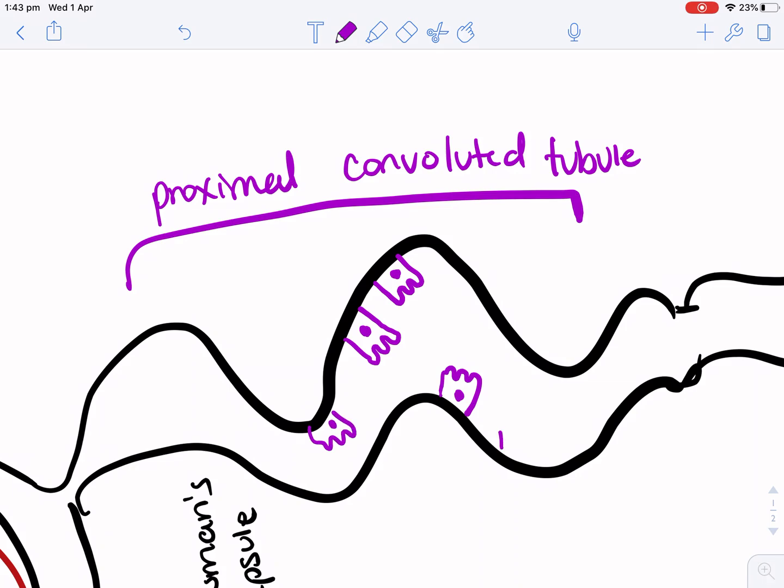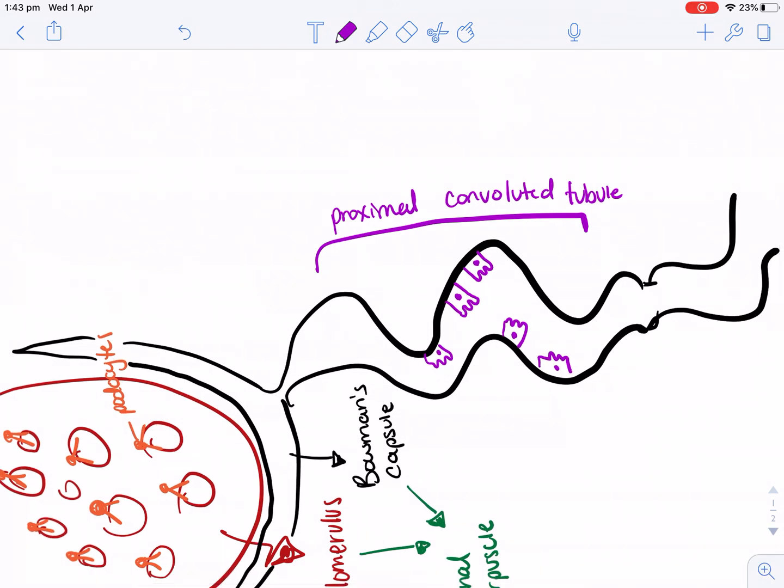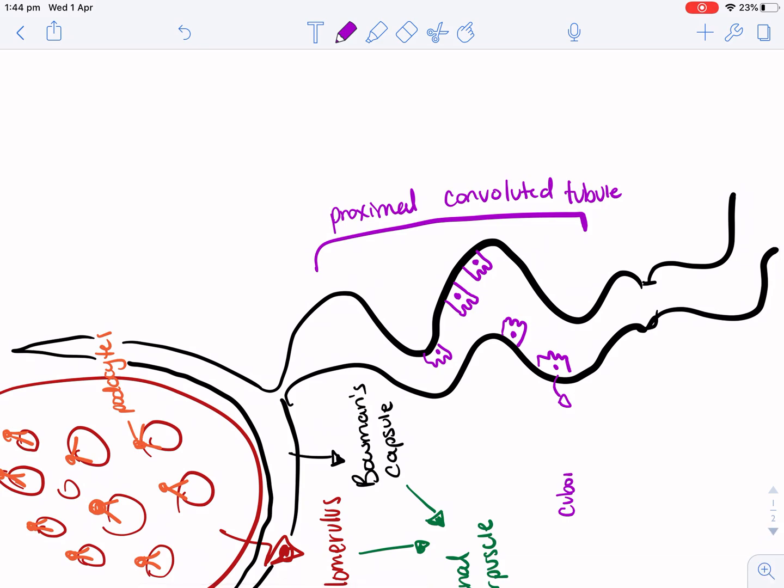And we know that microvilli increase surface area and therefore increase reabsorption. So here we have cuboidal cells with microvilli. Whenever you have microvilli, you have an increase in surface area, therefore you have an increase in reabsorption.